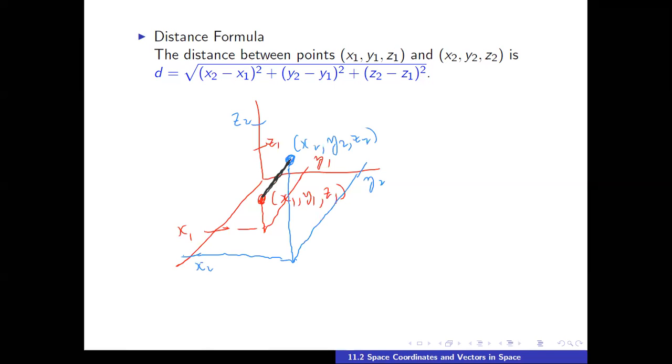Well, the way you can find it is like this. You can make a little right triangle right here. Actually, hang on. That picture's messed up. I want to fix it. Okay, so hang on a second. Let me fix this a little bit. I'm screwing everything up now. So I'm going to have to fix all of these things.